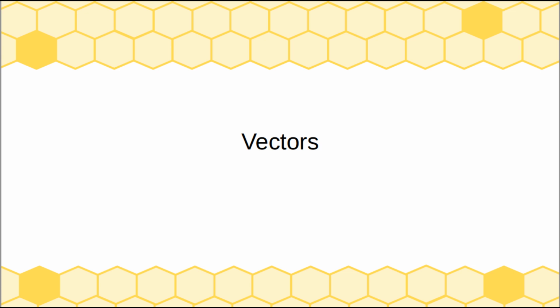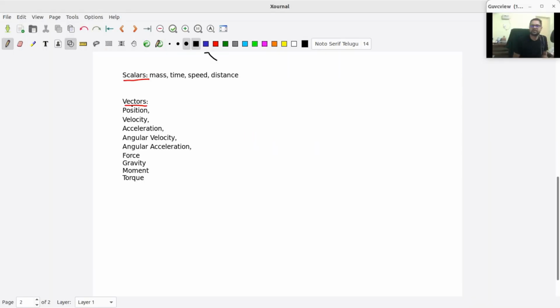We look at vectors now. Scalars: mass, time, speed, distance, these are all examples of scalars. On the other hand, we will encounter various vectors in this set of videos: position vectors, velocity vectors, acceleration, angular velocity, and so on.